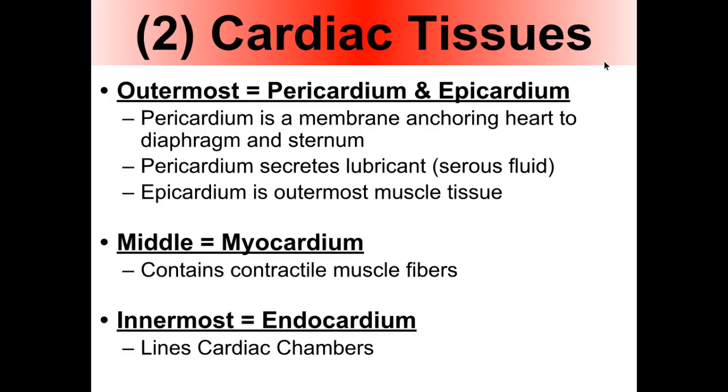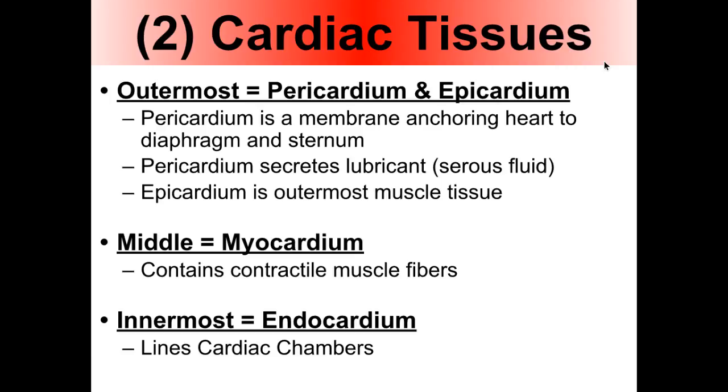The pericardium secretes serous fluid so that the epicardium and pericardium don't have friction with the myocardium. And when we think about myocardium, that middle layer, that's actual heart muscle.